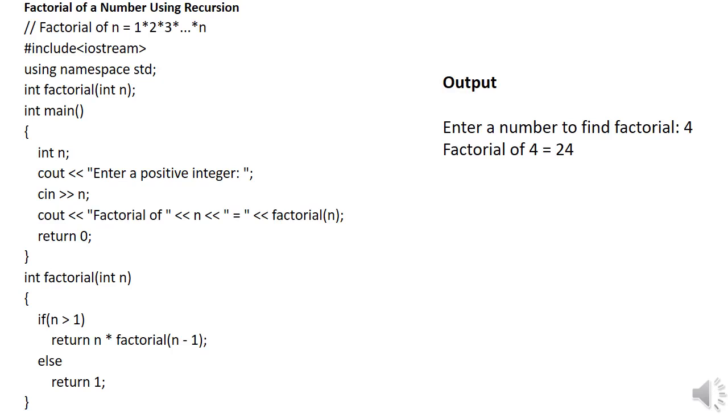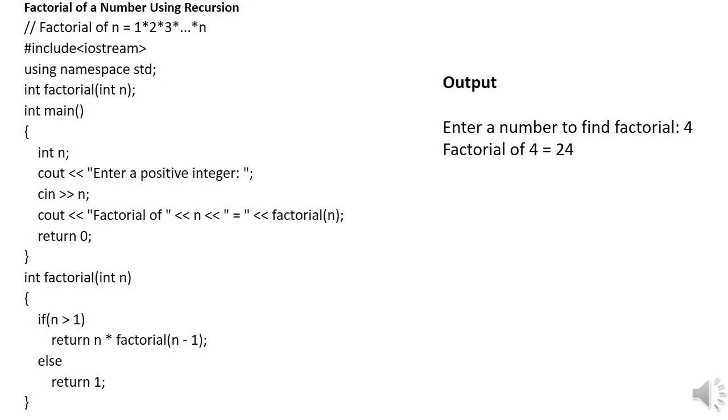Again the control goes to the beginning of the function definition and it will check if 3 is greater than 1. The condition is again true, so it will perform 3 into factorial of n minus 1, that is 3 minus 1, 2. So factorial of 2 will be called. Again it is calling itself. The control again goes to the beginning and it will check if 2 is greater than 1.